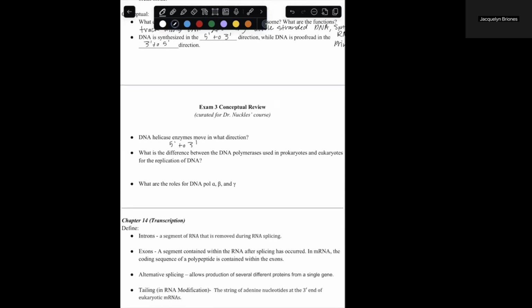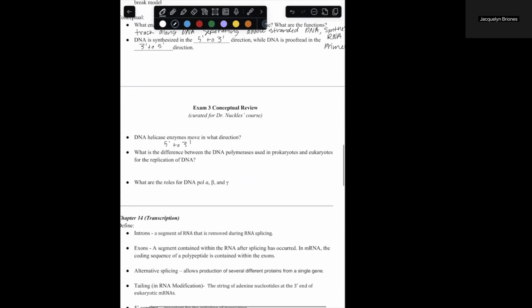What is the difference between DNA polymerases used in prokaryotes and in eukaryotes for replication?